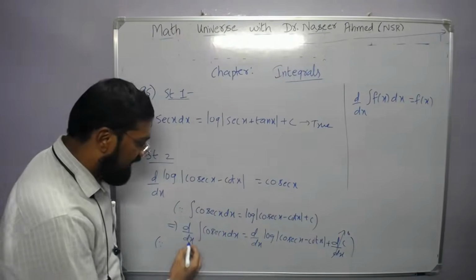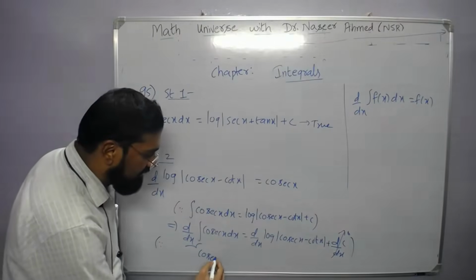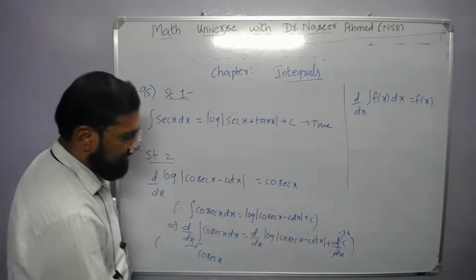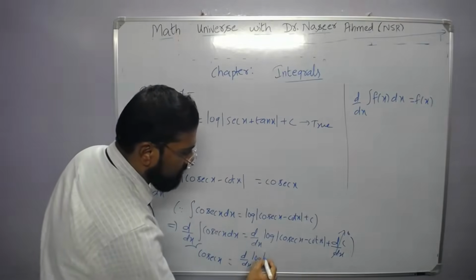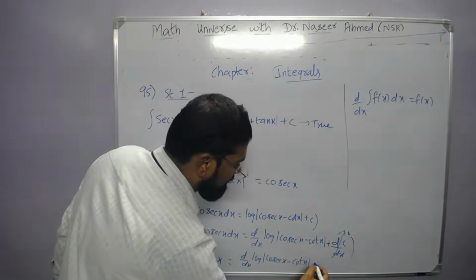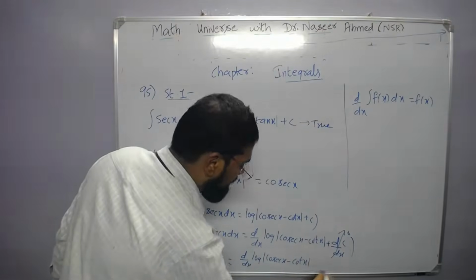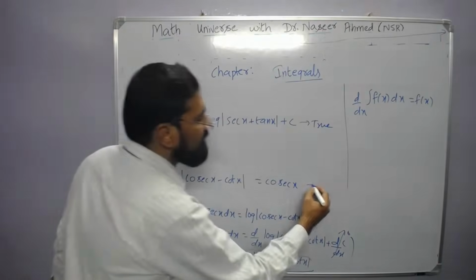Because of that, these two will get nullified. I'll get back only cosecant x equal to derivative of log of mod of cosecant x minus cot x, and the derivative of c is 0. And this is what is given here. Therefore, it is also true.